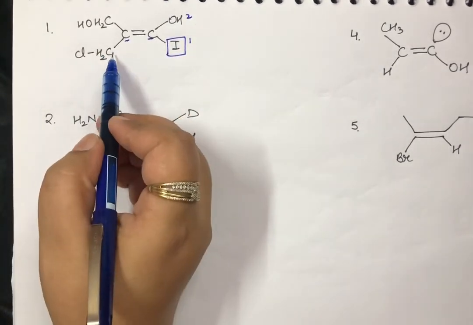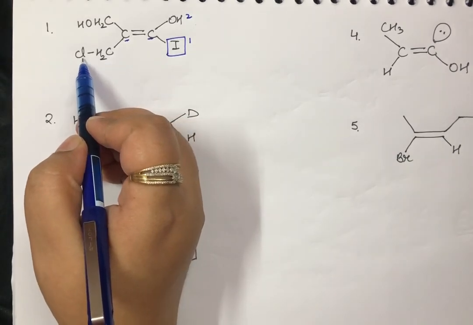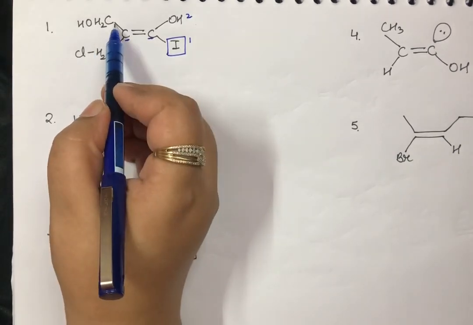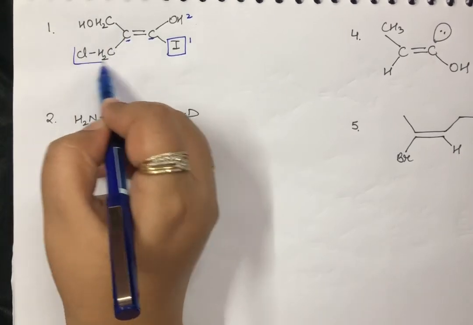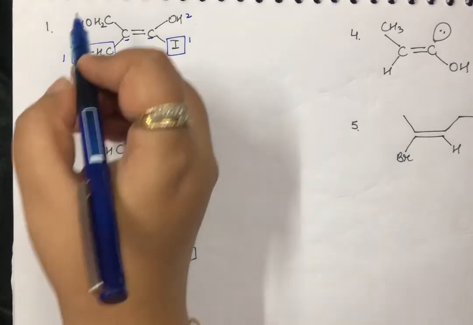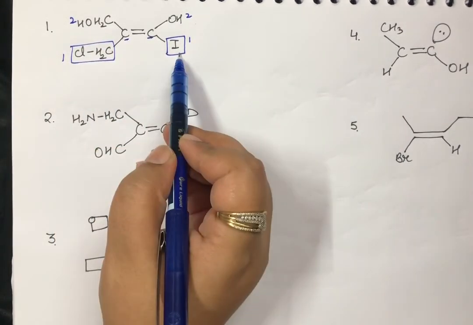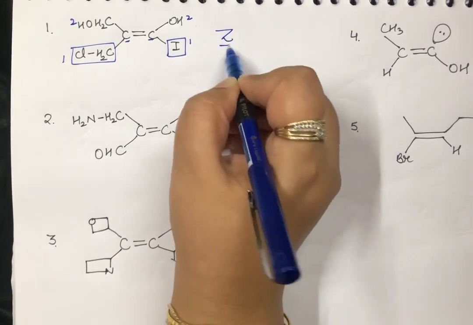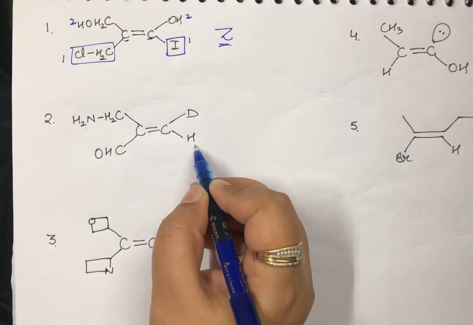Now when I talk about this, it is attached to a carbon which is attached to 2 hydrogens and a chlorine, and it is attached to this carbon, it is attached to 1 carbon, 2 hydrogen and 1 oxygen. So definitely, as I discussed previously, this is of more priority and this is of less priority. So again, the same priority groups are on the same side of the double bond, so I call it as Z.